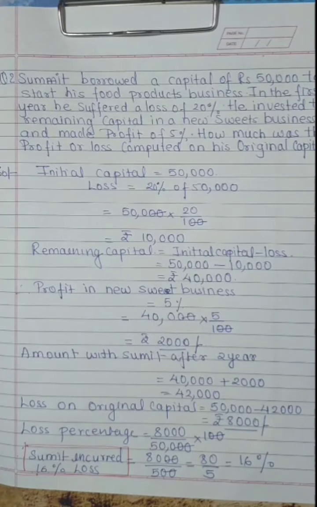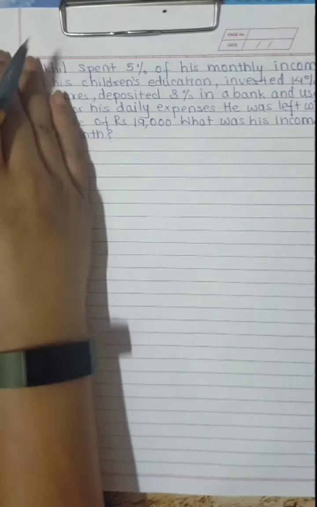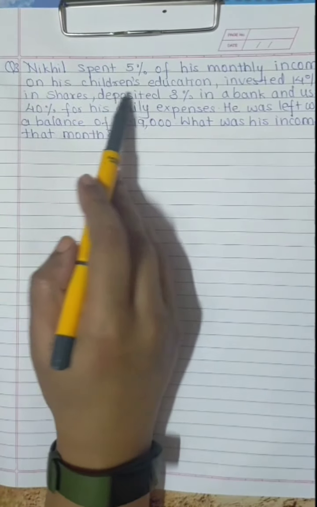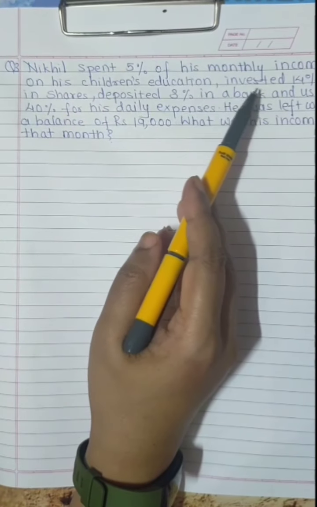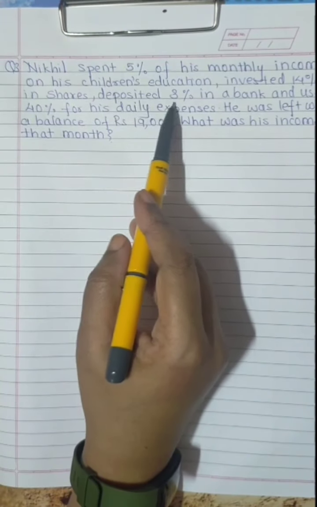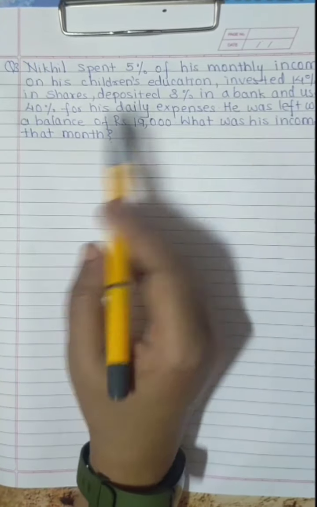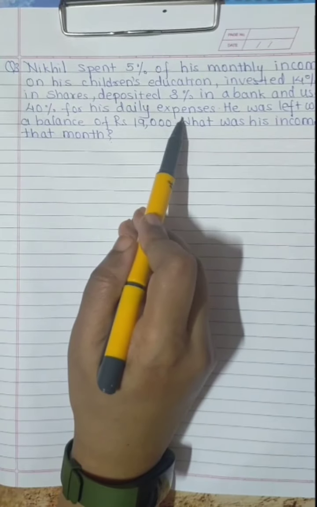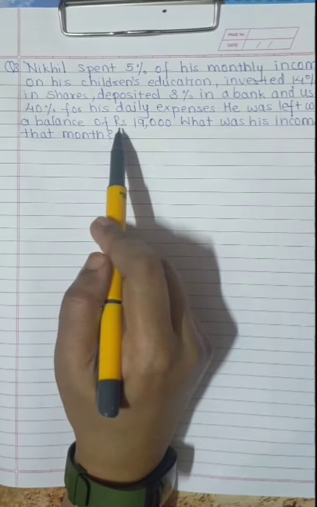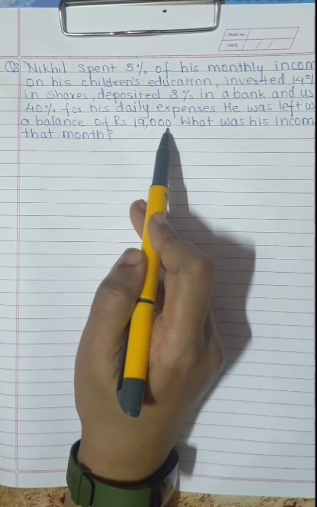Now we are going to solve question number 3 of practice set 6.1 of financial planning. Nikhil spent 5% of his monthly income on his children's education, invested 14% in shares, deposited 3% in a bank and used 40% for his daily expense. He was left with a balance of rupees 19,000.